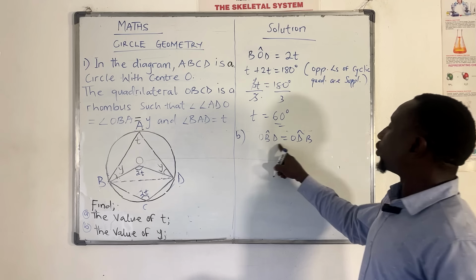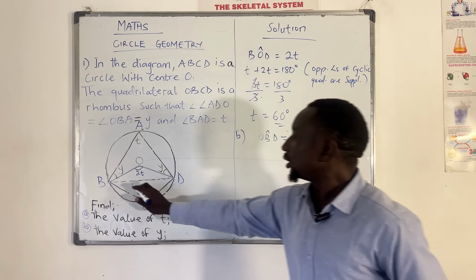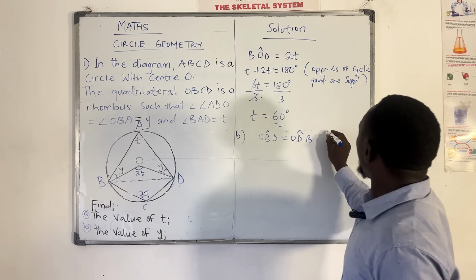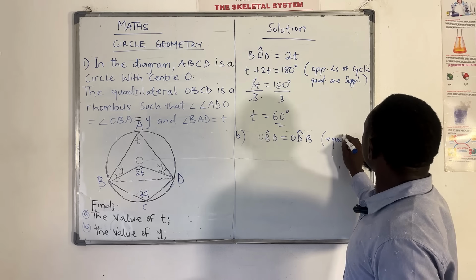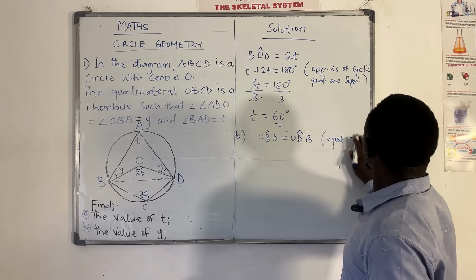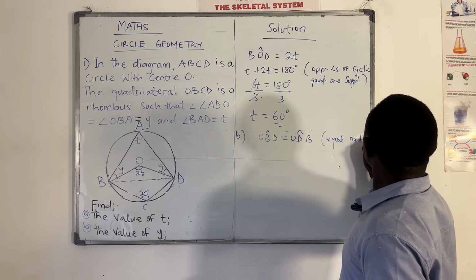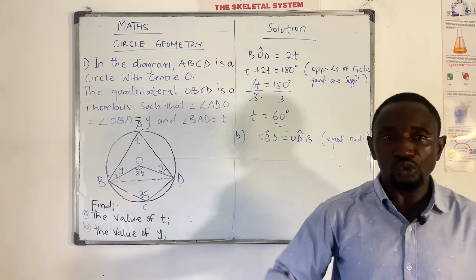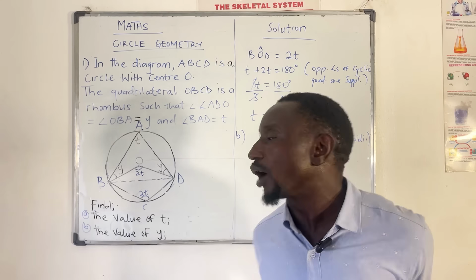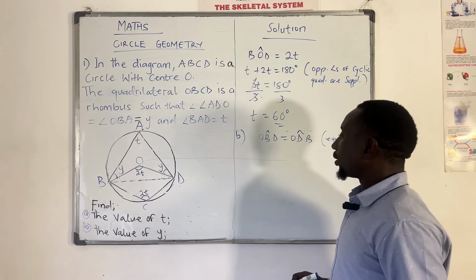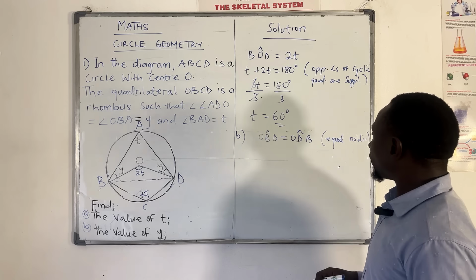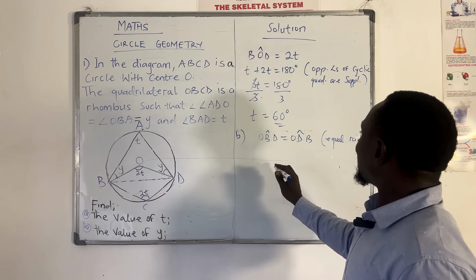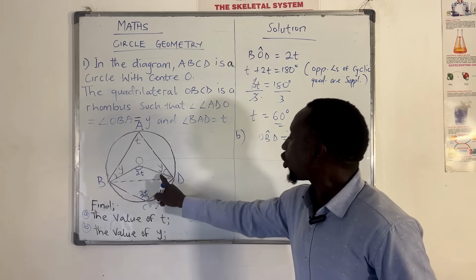Yes, these two angles are equal. And what is the reason? Radii. The two sides are the same radii, so it means the base angles will also be equal.